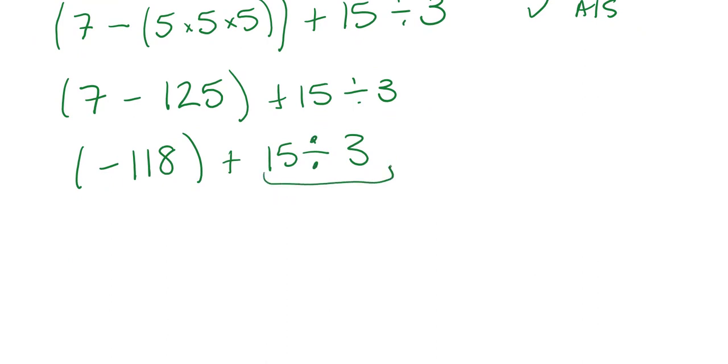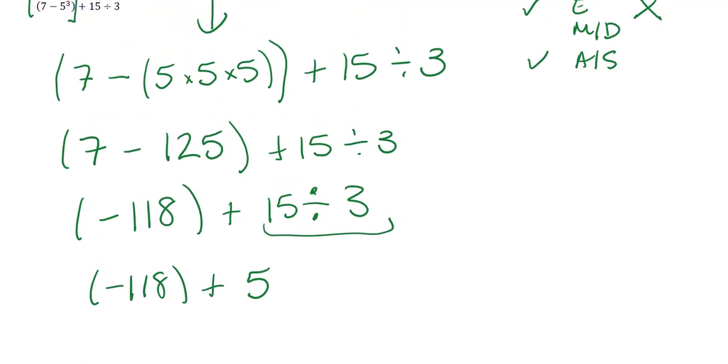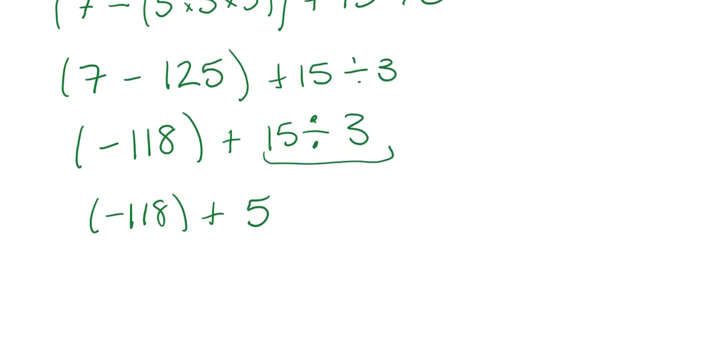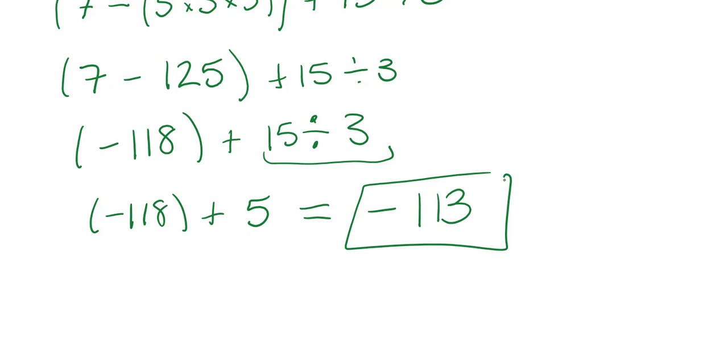So we go 15 divided by 3, and we leave this as is. 15 divided by 3 is 5. So we've done this big step, and now we're just going to add these two numbers together. We have negative 118 plus 5, so we get negative 113 as our final answer.